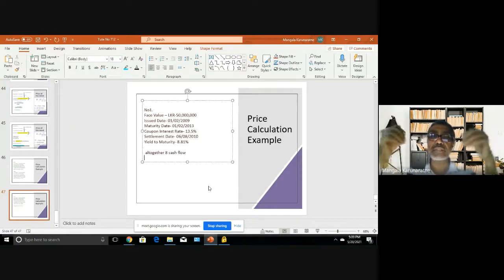Now 2009 to 13, 8 cash flows. Now settlement date is 6/8/2010, no? How many cash flows do we have in future?